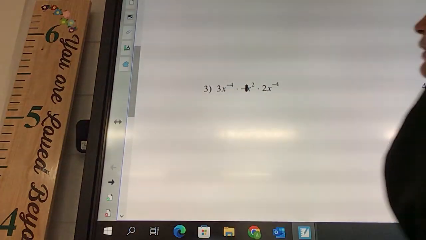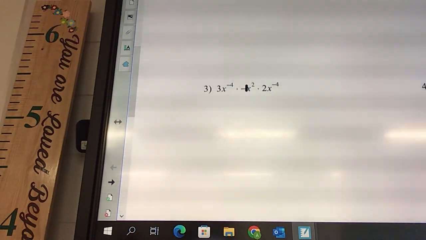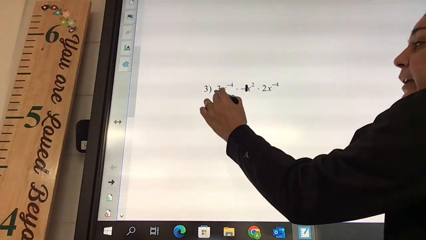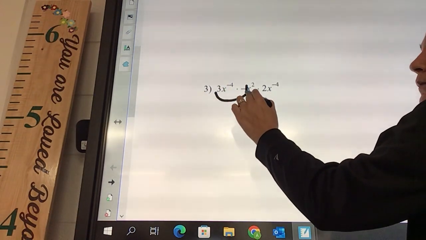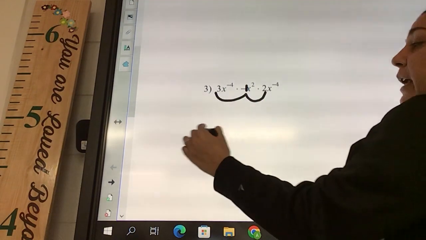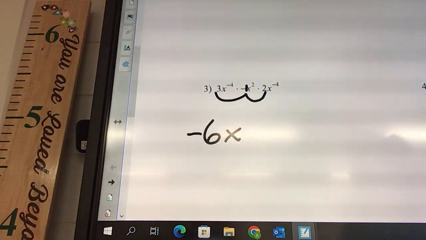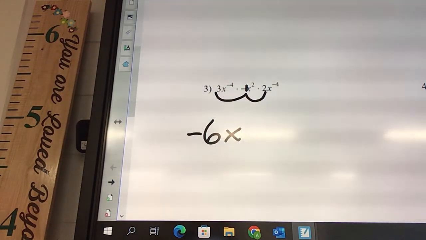Same thing, we see the dot here, so you need to multiply the bigs and add the littles. So what is negative, or 3 times negative 1? Negative 3 times 2. Negative 6, x to the, and today it is probably going to be beneficial because there's negatives to use a calculator.